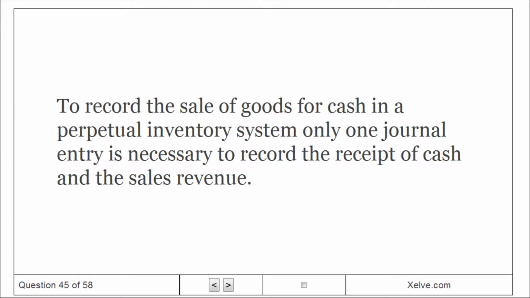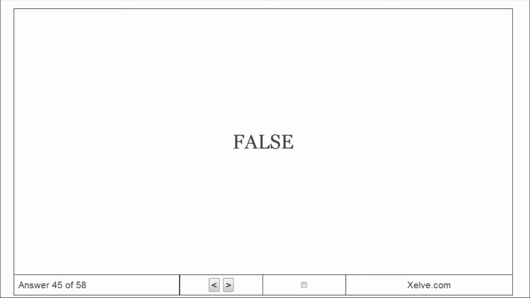To record the sale of goods for cash in a perpetual inventory system, only one journal entry is necessary to record the receipt of cash and the sales revenue. False.